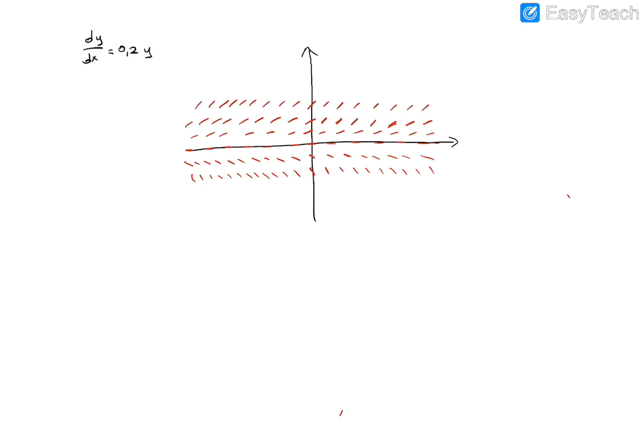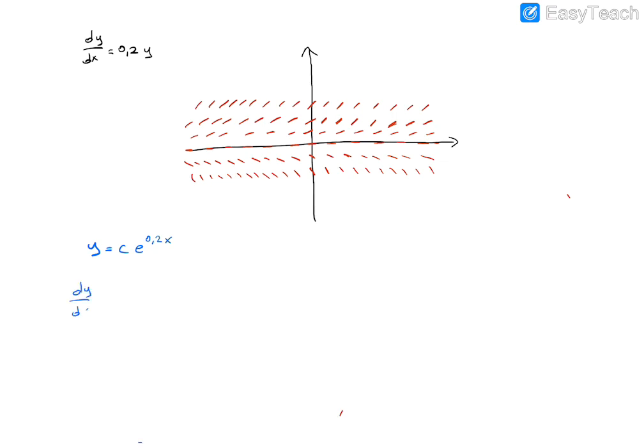The solution of this differential equation is y equals c times e to the power 0.2x. You can solve it; I will explain maybe when we need. But now you can easily verify whether this is a solution or not.